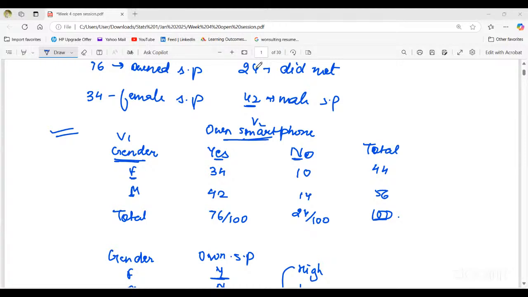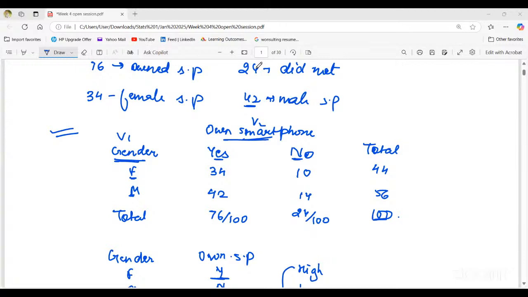The question you asked last: owning the smartphone is 76% and not owning is 24%. And after that, the question was what proportion of female participants own a smartphone? Do you mean among 100 or 44? It's 34 upon 44.